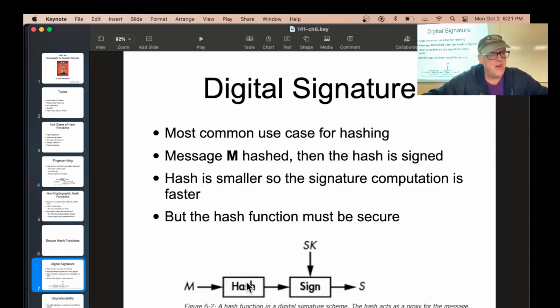So as long as the hash function has no known collisions, or technically as long as it has pre-image resistance, we'll talk about, then that proves the message has not been altered, and the fact that the signature verifies with the public key means that you're the holder of the private key, so it proves that it was signed, unaltered, and that you signed it. And this, due to the Digital Millennium Copyright Act of 1998, has the same legal force as a signature with a pen on a piece of paper, and now you can do financial transactions on the internet because this digital signature has the same force of law.